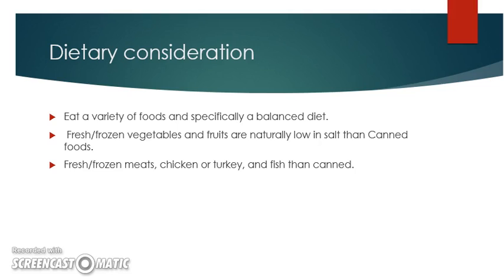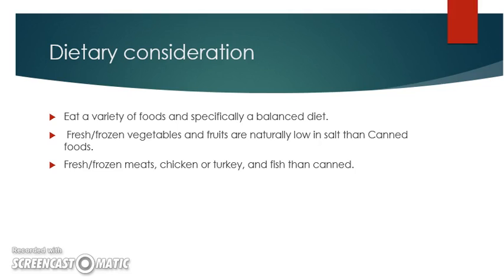But if they are just patients with ascites, edema, or hypertension, and you just want to restrict sodium, then you can tell them to have a lot of fruits and vegetables in their diet because they are very low in sodium.